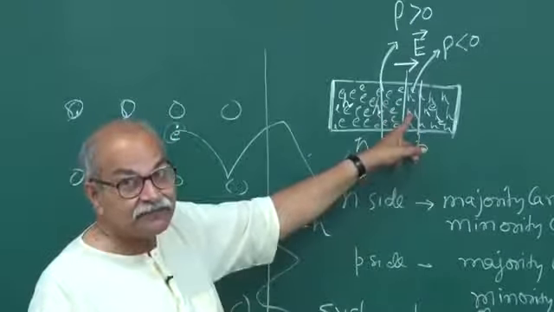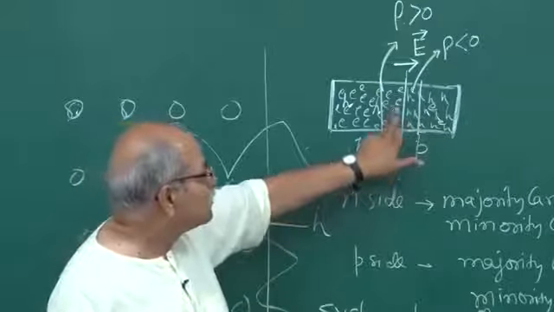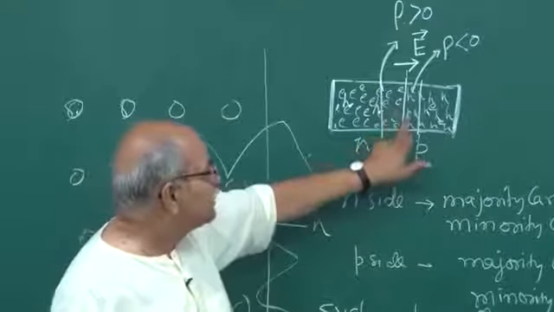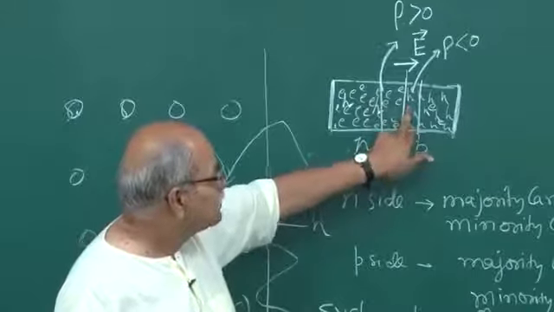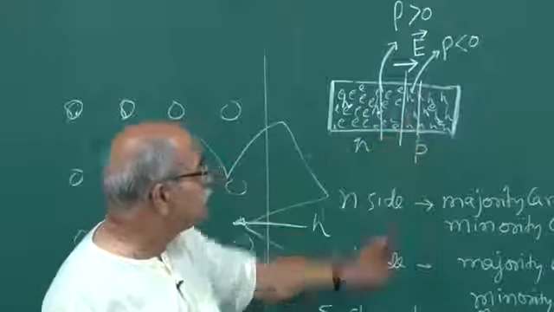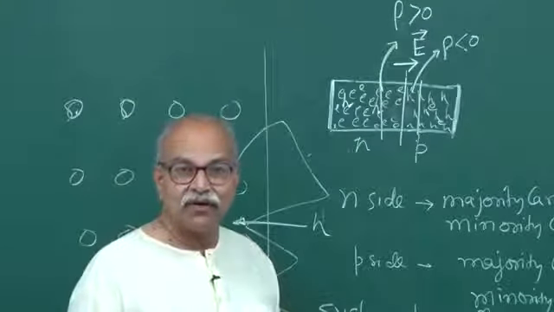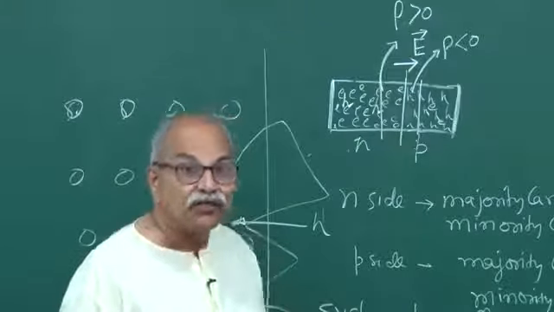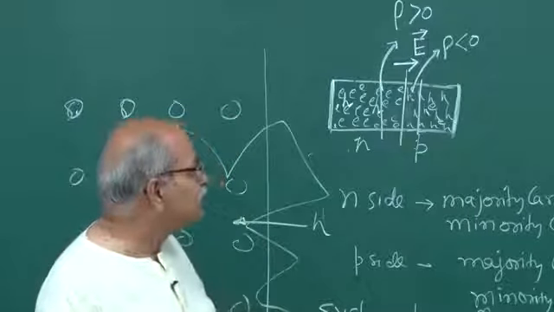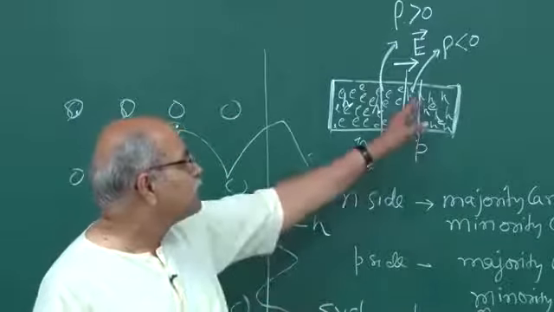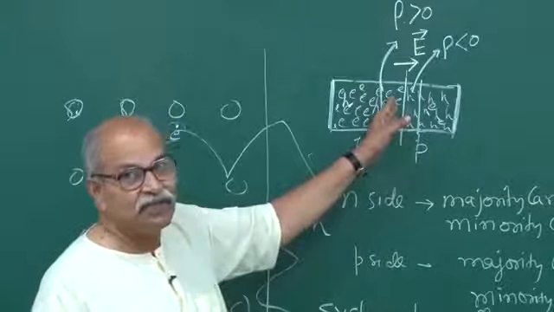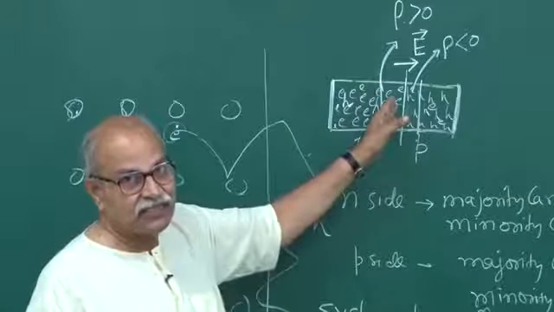What will happen? Suppose this electron has gone from here and it meets this hole, it fills this hole. So now there is no hole and there is no conduction electron, that pair is gone. Similar thing will happen everywhere. Holes which are coming to this side, they will also combine with the electron. What does that mean?